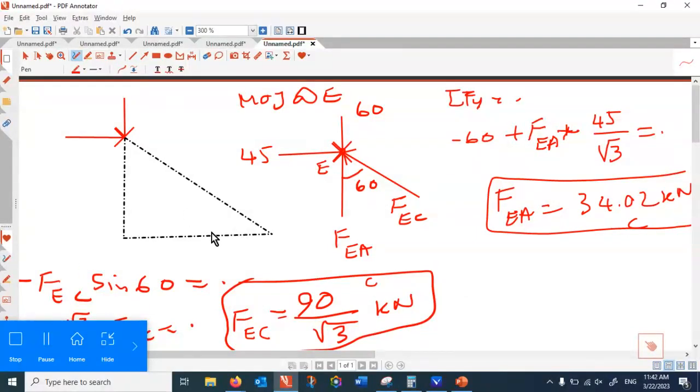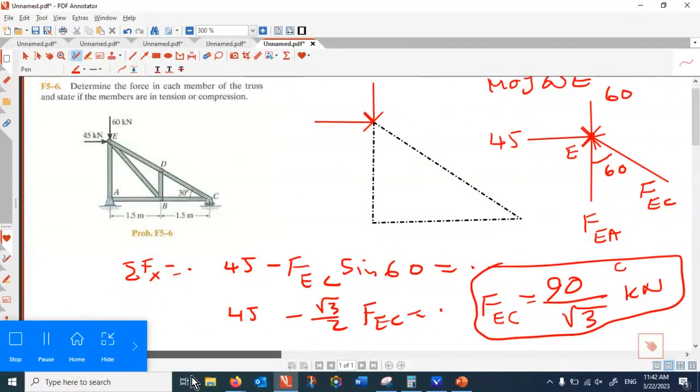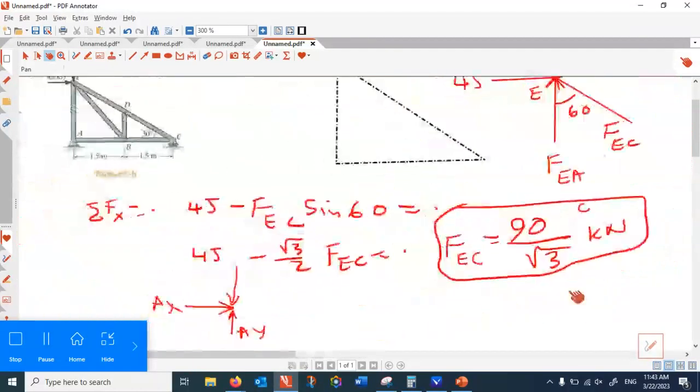All right, now we found two forces, and the next is you solve A. Method of joint at A, that is AX, AY, and vertically I know that FAE under compression, this was 34.